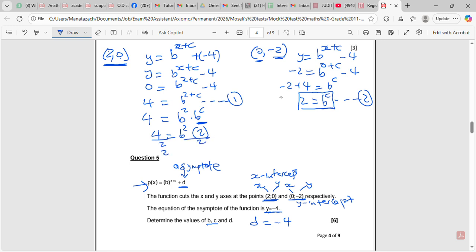So basically, if I put a square root on both sides, b is equal to square root of 2. So we found the value of b. Now let's find the value of c. Going back to equation 2, remember I already know what b is. b is square root of 2, right? Remember, square root of 2 is the same as 2 exponent 1 over 2.